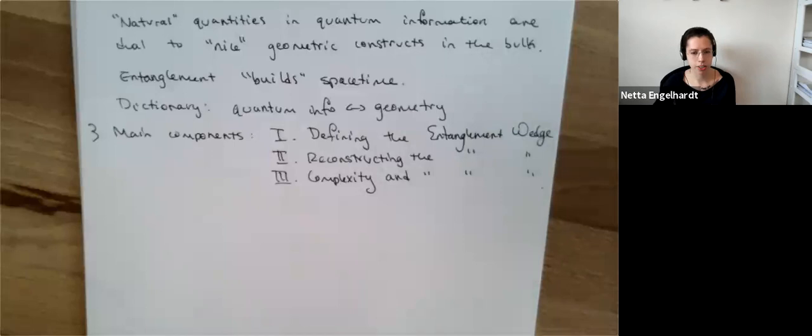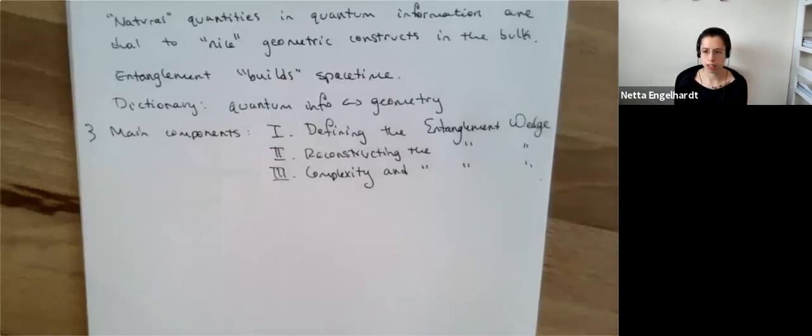And before we really start with definitions and technical questions, given that this entanglement wedge is showing up over and over again, we should be asking ourselves, why is the entanglement wedge so important?